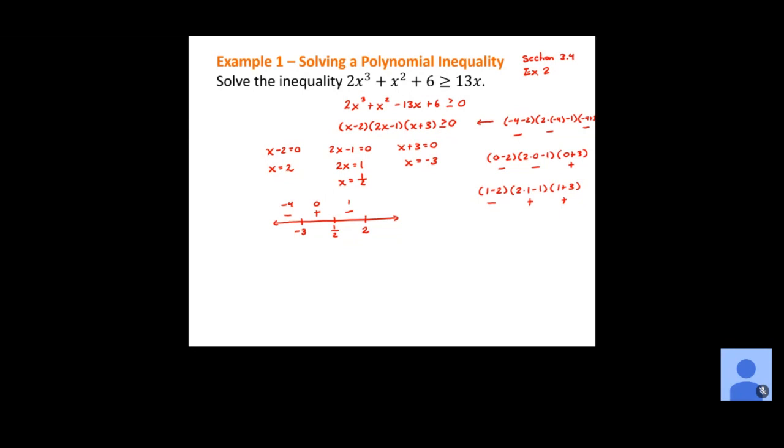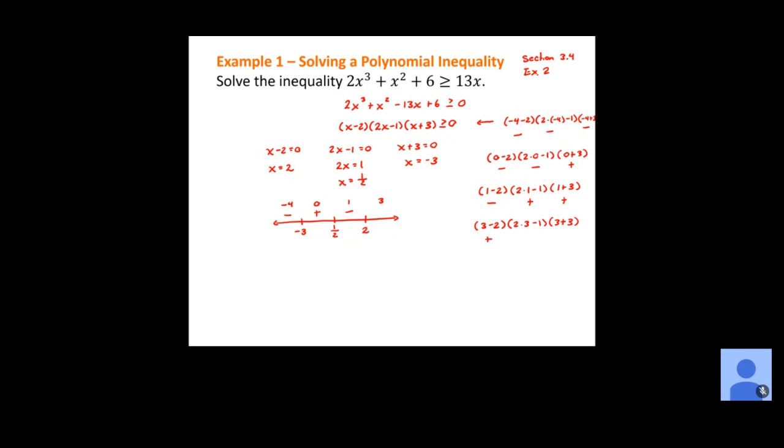And finally, we need something bigger than 2. What can we use there? 3 works. Now we have 3 minus 2, 2 times 3 minus 1, and 3 plus 3. 3 minus 2, positive or negative?